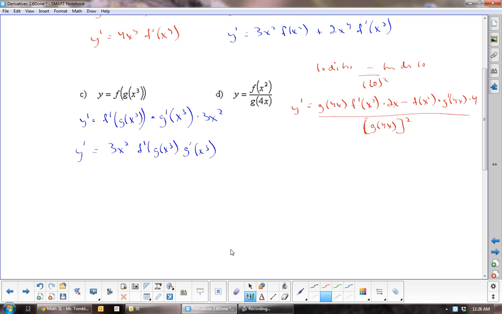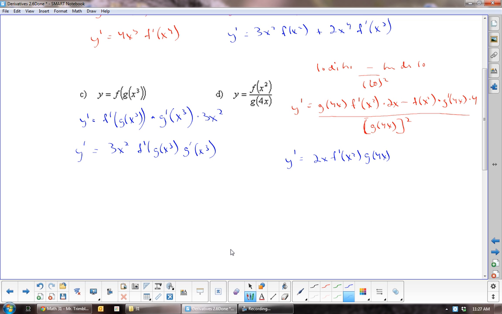Okay, and again, the only thing we want to change is to get all the numbers with the variables in the front. So y prime would equal 2x f prime x squared g of 4x.